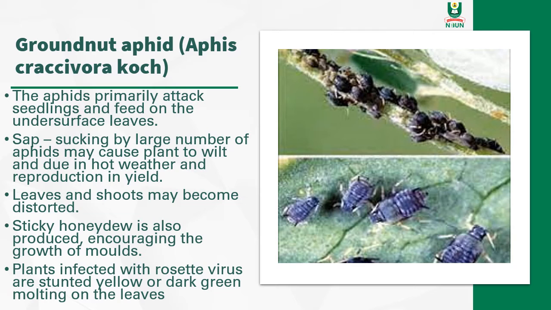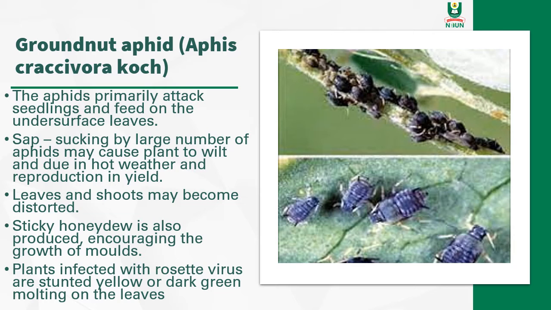So that's what they attack, seedlings and undersurface leaves. They also suck the sap of the plant by gathering in large numbers. See them on this stalk. Can you imagine how much they can be on a particular plant?